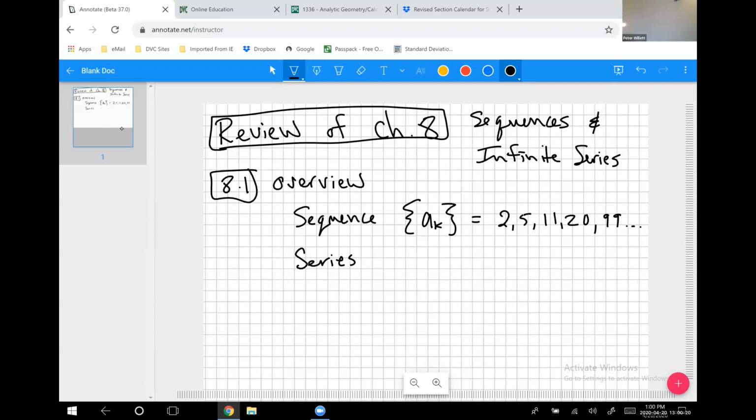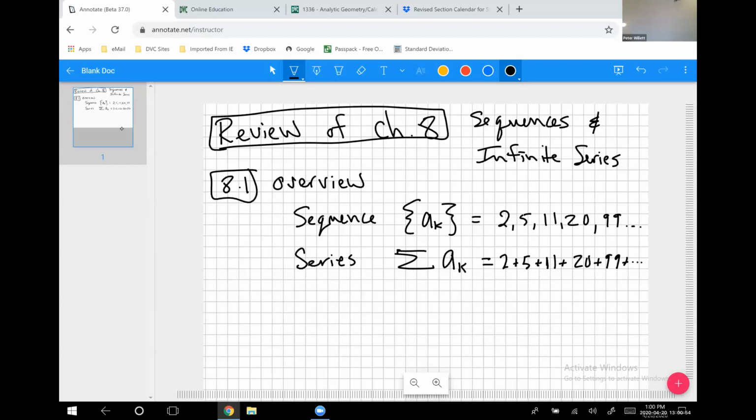So then a series is where you take a sequence and you add everything up in it. You add up all the numbers. And so when we write it notationally, we use the summation notation. So in this case, it would be 2 plus 5 plus 11 plus 20 plus 99, etc. And so this becomes an infinite summation.